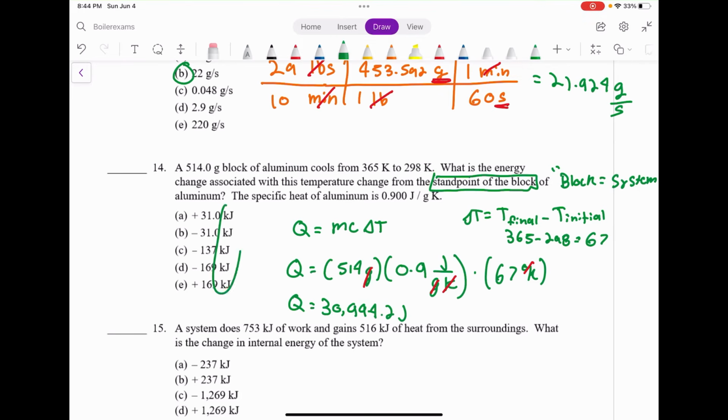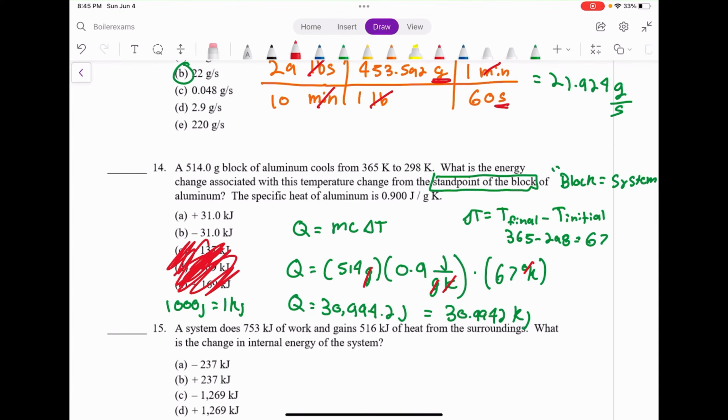All the answers are in kilojoules, so I'm just going to divide by 1,000. There are 1,000 joules in 1 kilojoule, so I divide that by 1,000. 30.9942 kilojoules.